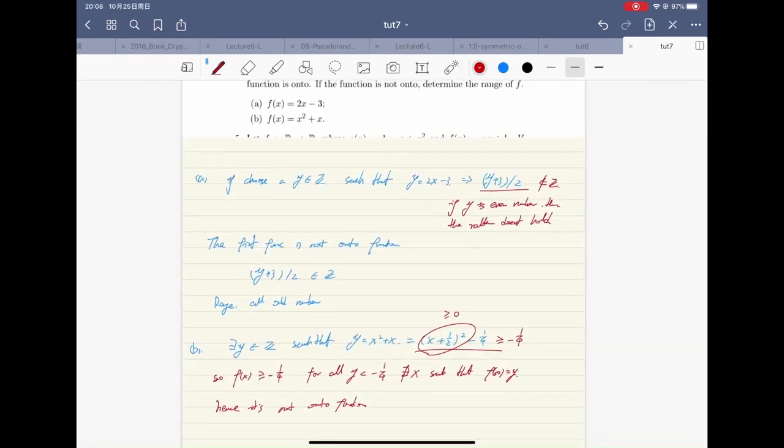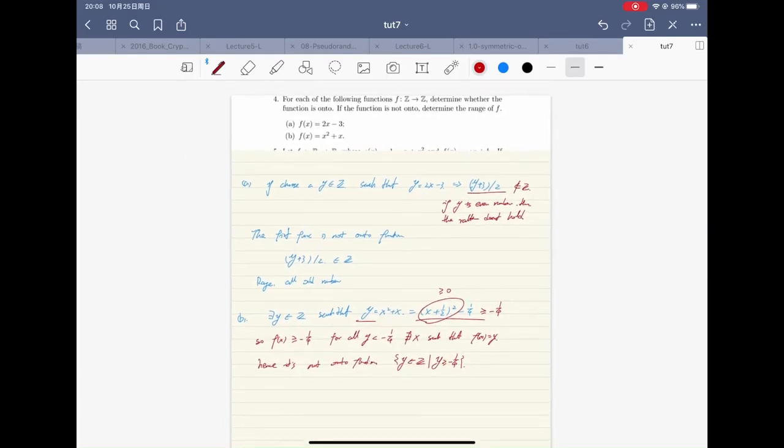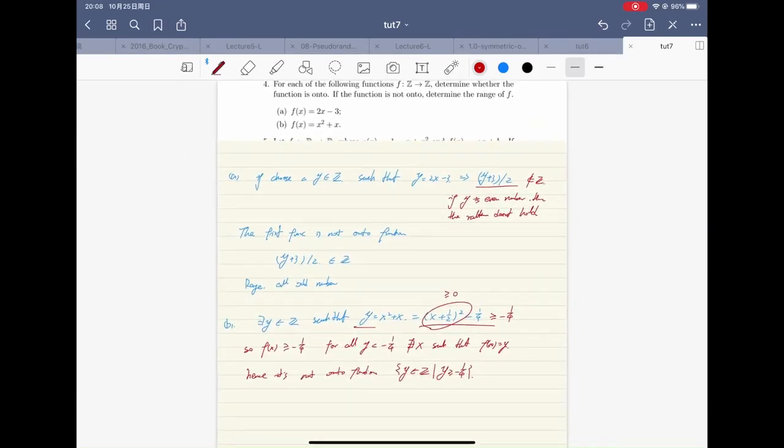So what's the range? Here all y must be greater than or equal to negative 1/4. So the range is y belonging to the integers, y greater than or equal to negative 1/4. Yep, that's question 4.